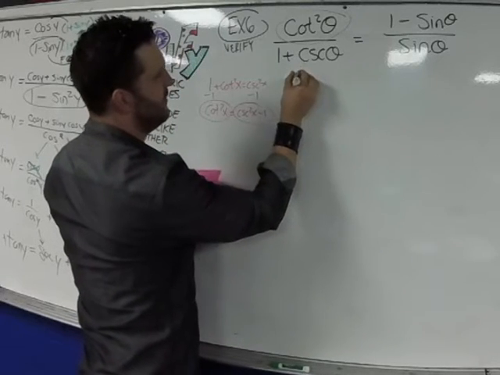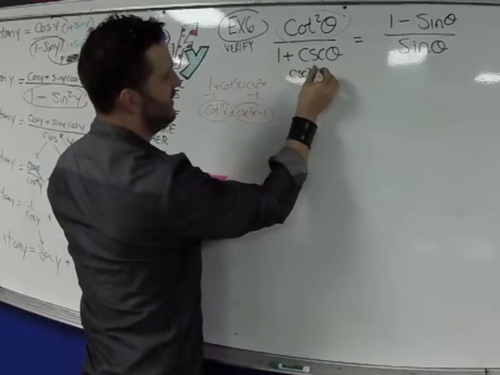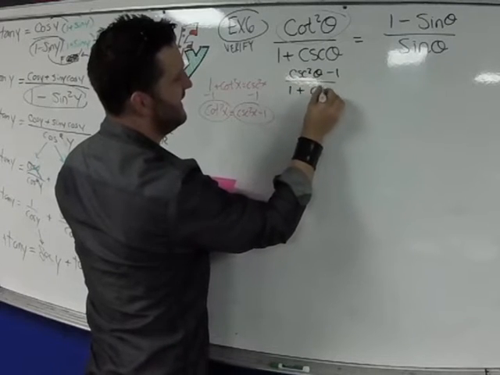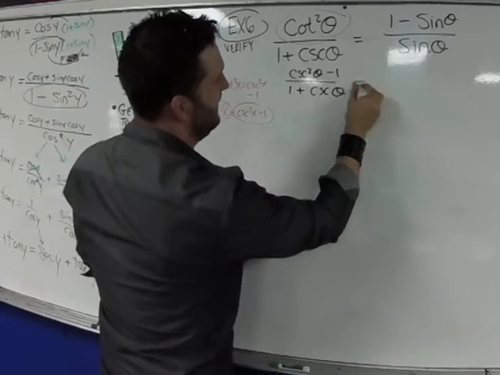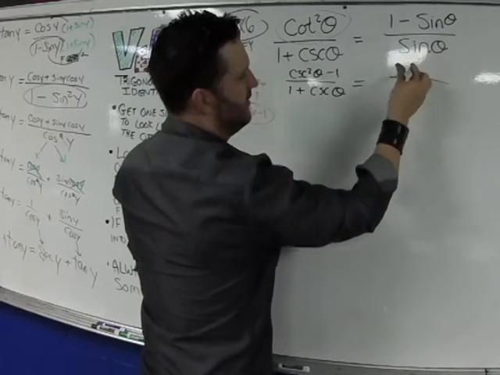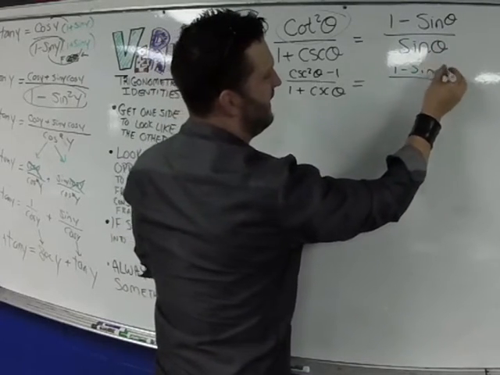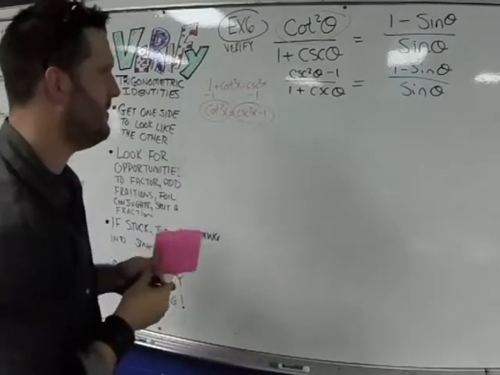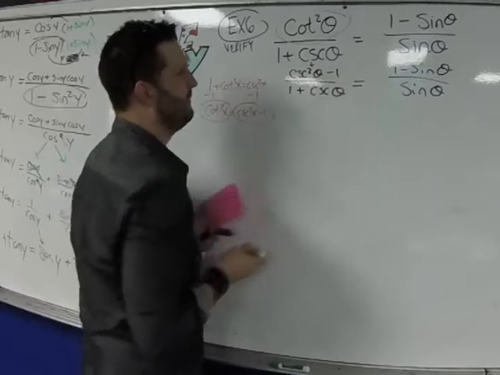So the first thing, I'm going to change this to CSC squared theta minus 1 over 1 plus CSC theta equals 1 minus sine theta over sine theta. That was my first step.